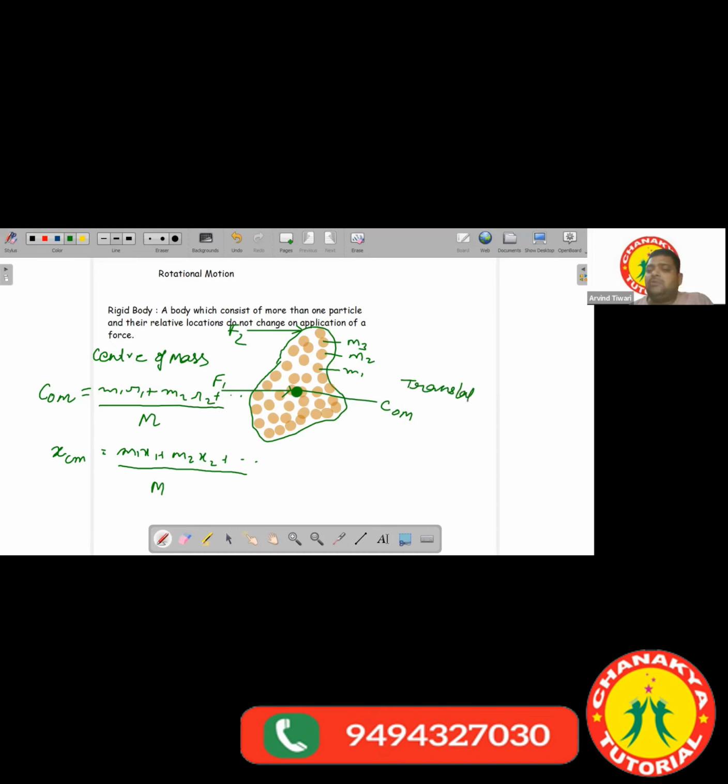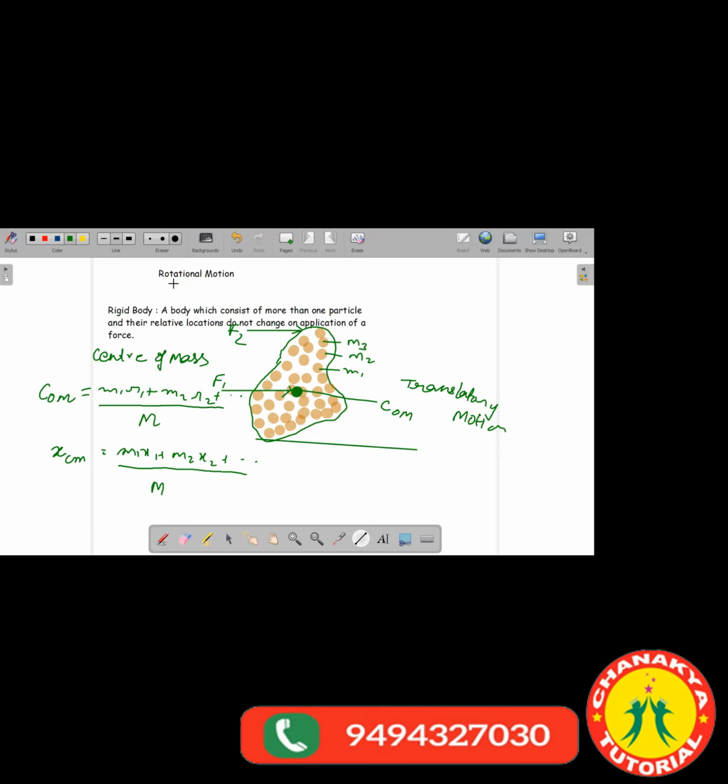It will make the object move in translation. The mass will move in a straight line. But if the same force is acted on the point F2, then it will not show translatory motion. Rather, it will show a rotational motion. This object will start rotating about the center of mass.